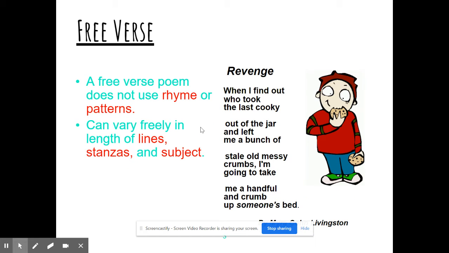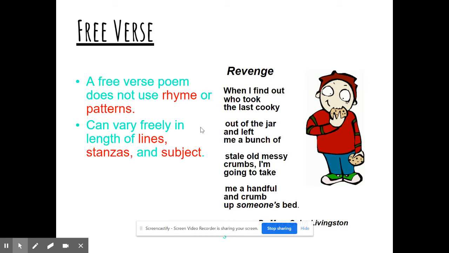Now, a free verse poem is a little different, and it doesn't use rhyme or patterns. It can vary in lengths of lines, stanzas, and subjects. So if you look over here, "when you find out in the last cookie" — cookie is spelled incorrectly, but they did that on purpose, okay?